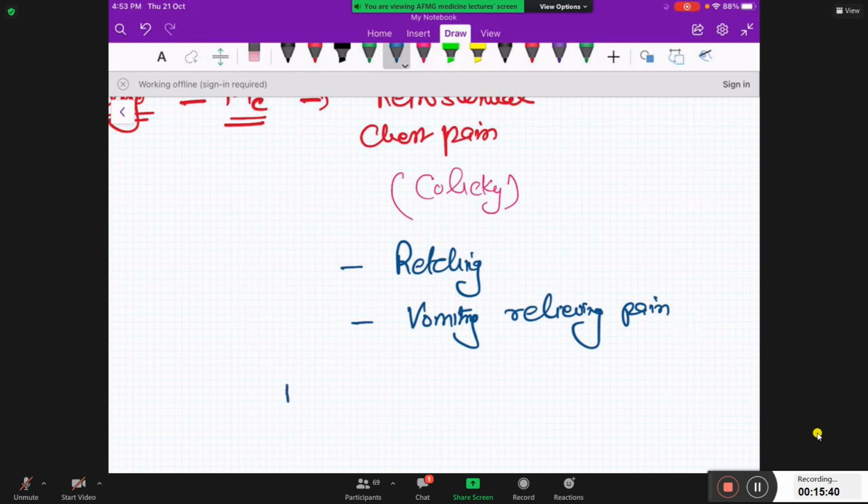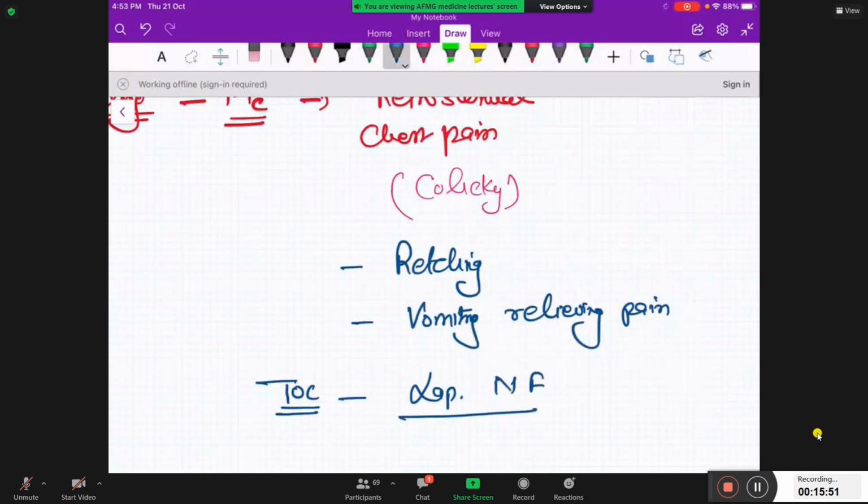And the treatment of choice for this condition is always surgery, and the surgery here also will be laparoscopic Nissen's fundoplication.